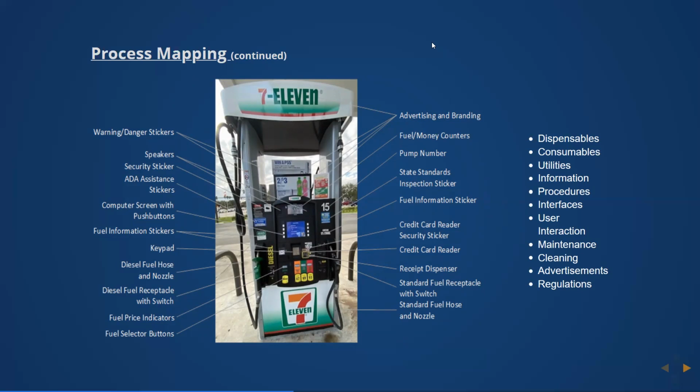Here's a different way to look at these same things. So dispensables could include gasoline, receipts, and ink, right? Those same things are consumables also, but also including electricity and information.